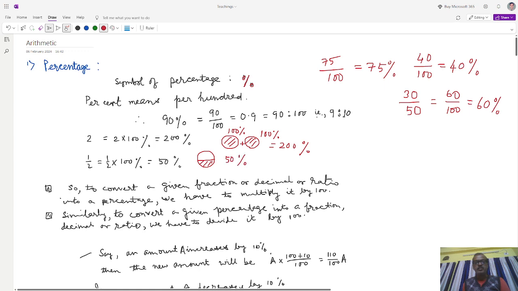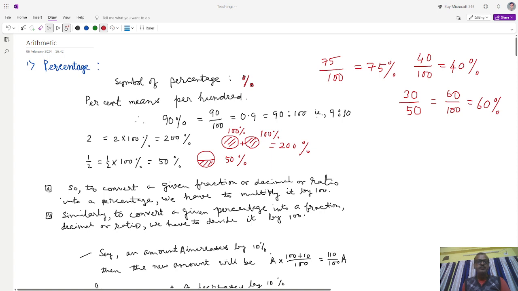Half means 50%. Okay. So in this way, we can convert any number into a percentage by multiplying it by 100 and putting the percentage symbol.